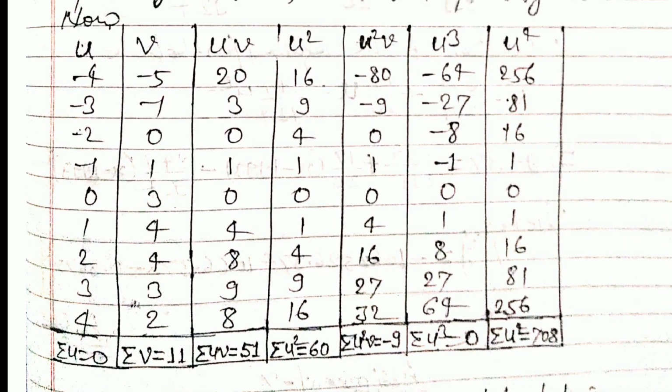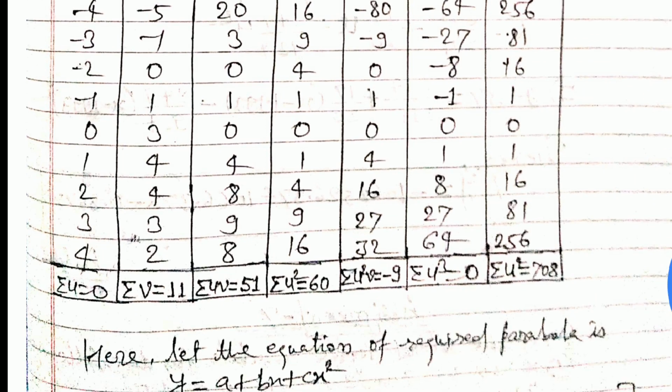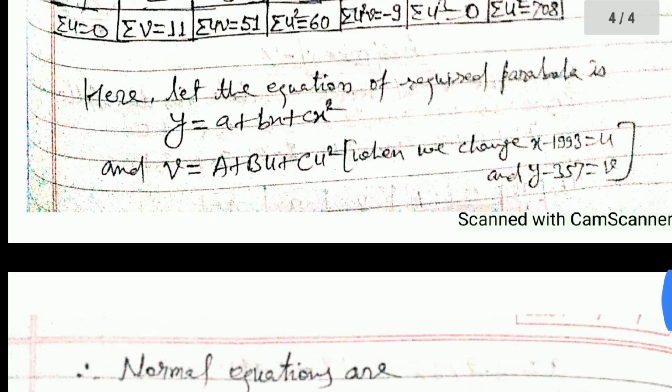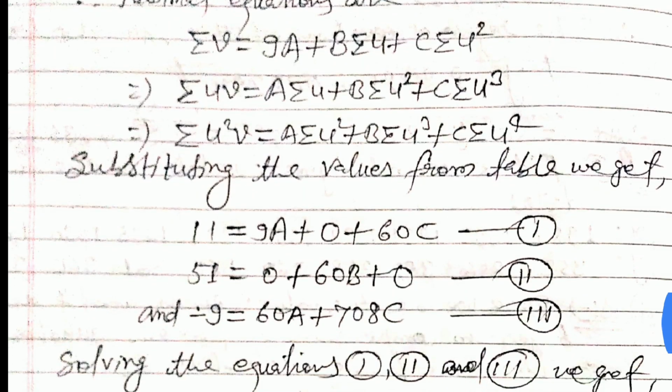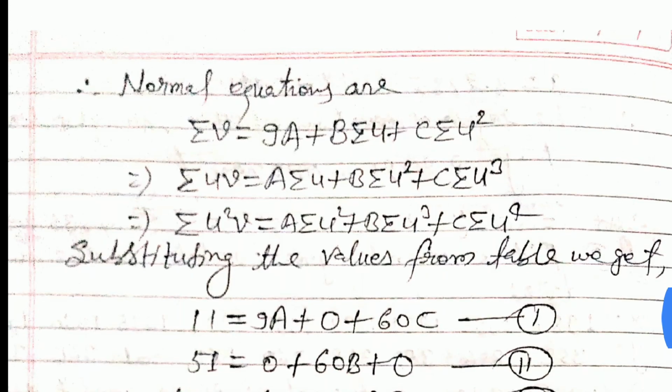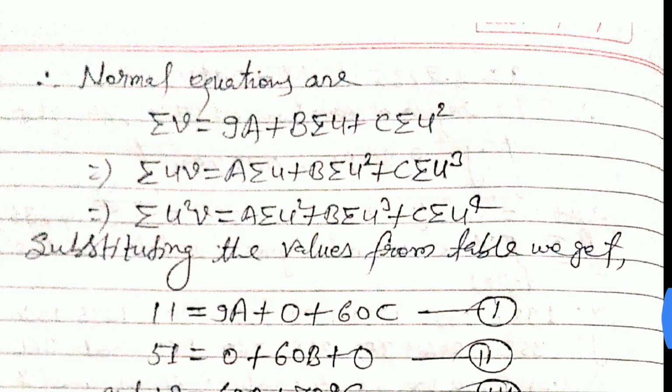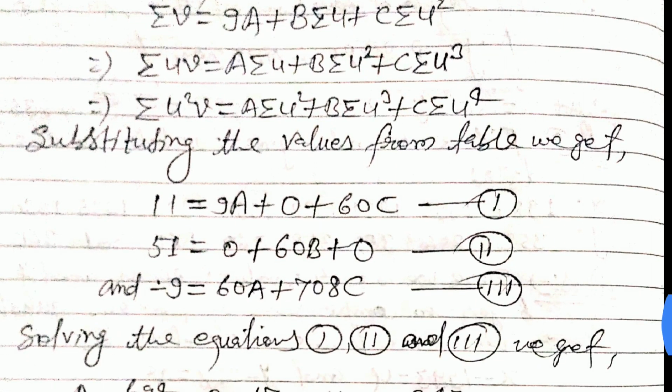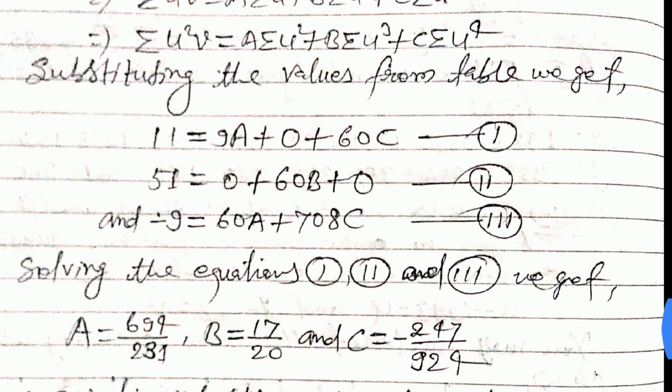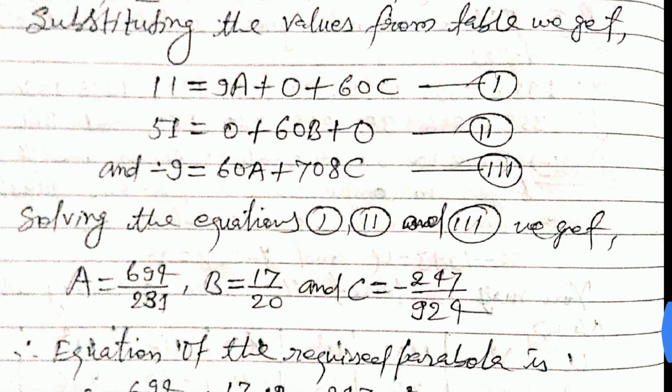When we get all the columns, in the last row we find the summation of all the values and put these in the normal equations. Then we get the normal equations in terms of capital A, B and C, the three normal equations 1, 2 and 3, and then we solve these equations.